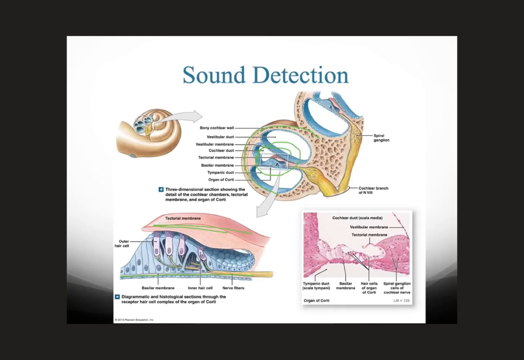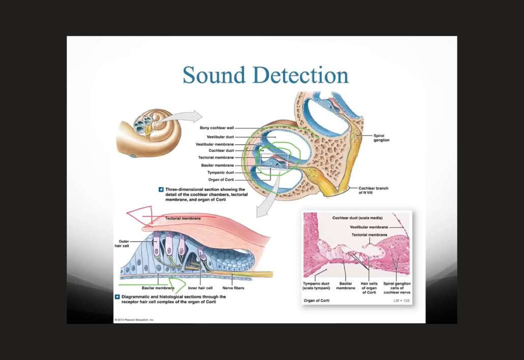The same thing is going to happen in terms of moving the hair cells. If your basilar membrane is moving in this direction, maybe I should put the arrow further down for the basilar membrane, this means that the tectorial membrane is going to be moving in this direction.